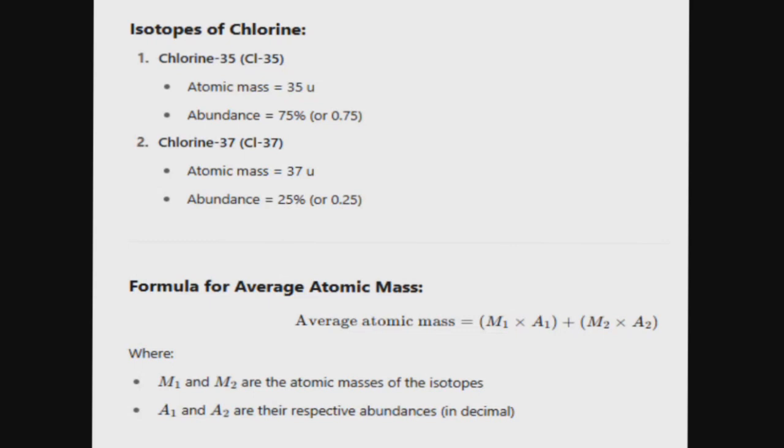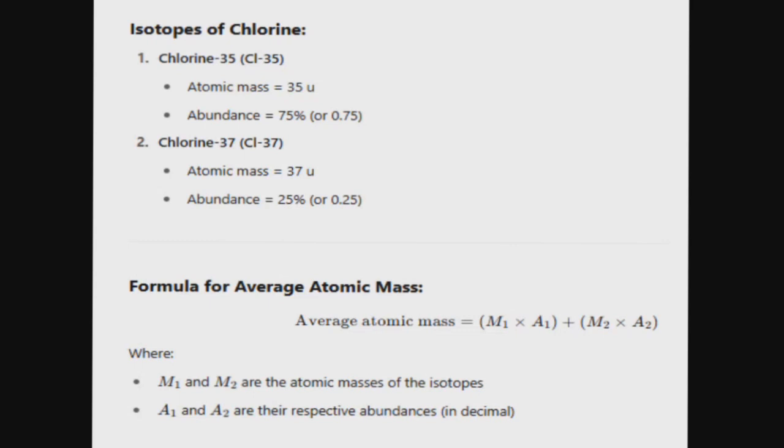So the average atomic mass of chlorine has two isotopes. The abundance of the first isotope, the lighter chlorine, is 75%, and the abundance of the heavier chlorine is 25%. So this gives you 100%, right?